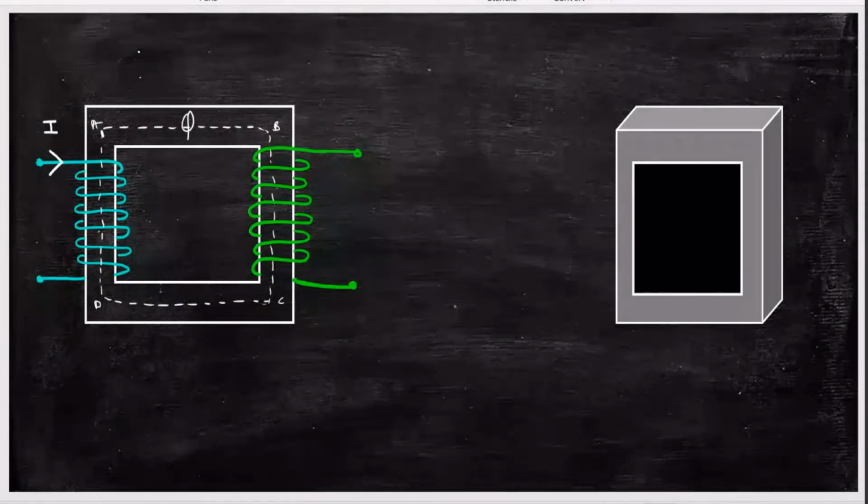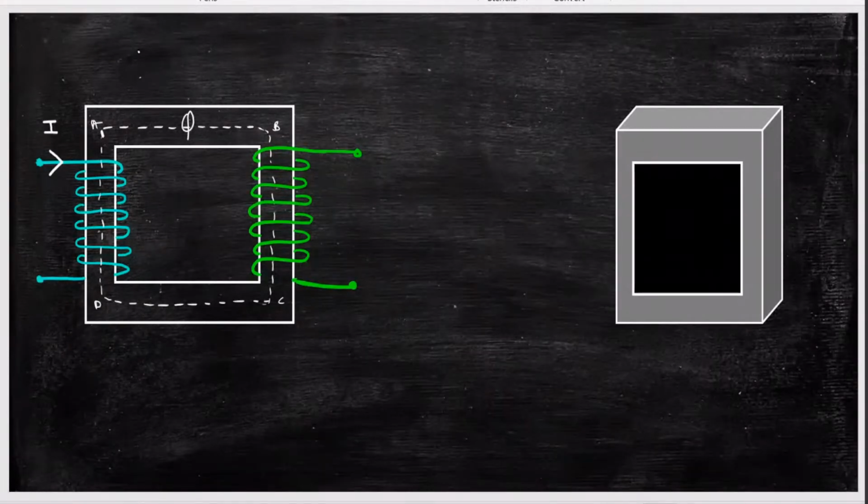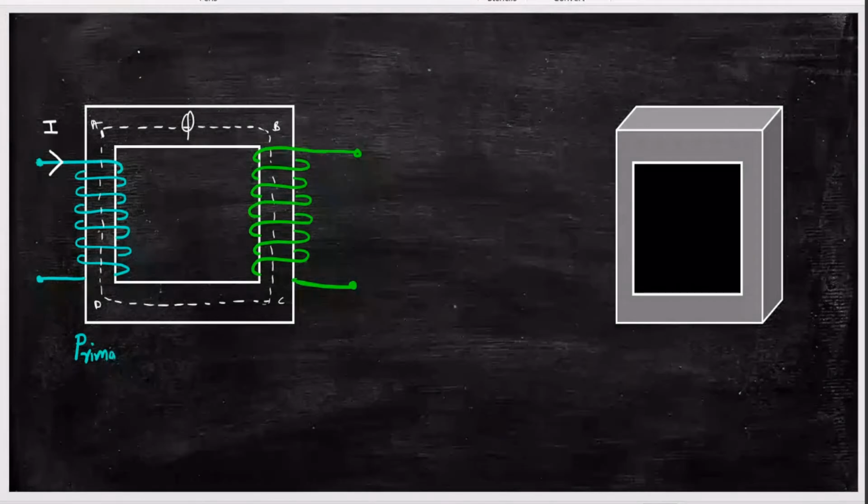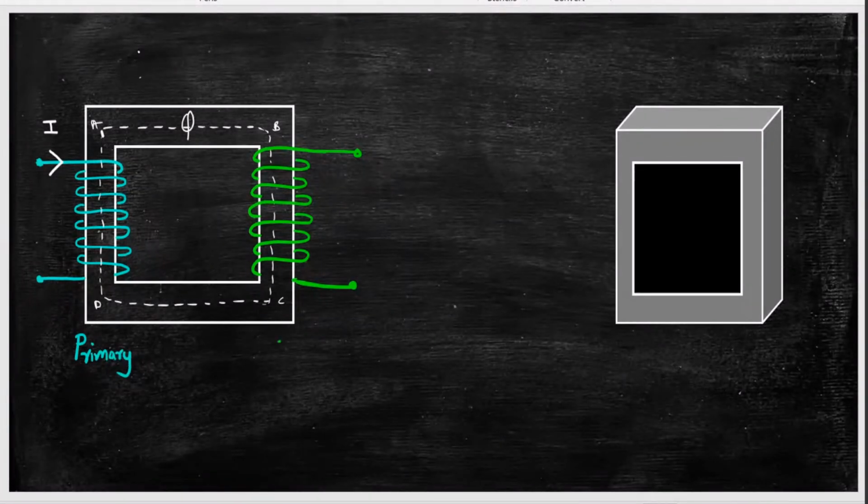This I will call the primary winding, and this I will call the secondary winding. When current is given to the primary winding, a flux is set up, and that flux is linking with the conductors on the secondary.